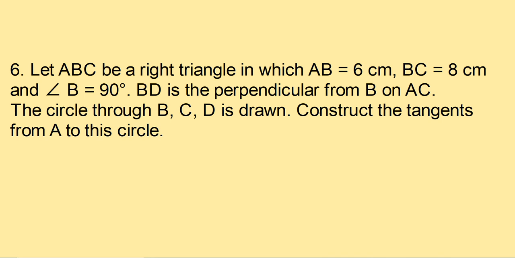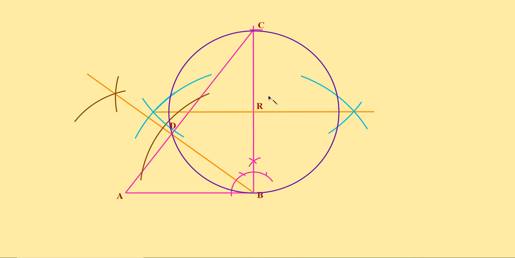Now construct the tangents from A to this circle. From A to this circle you have to draw tangents. So join AR. Now bisect AR. Take more than half of AR as radius, draw arcs on both sides of AR.